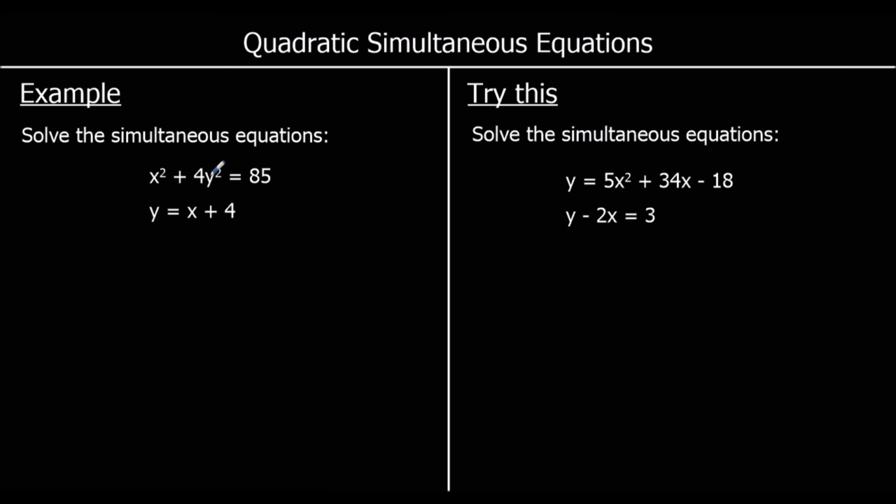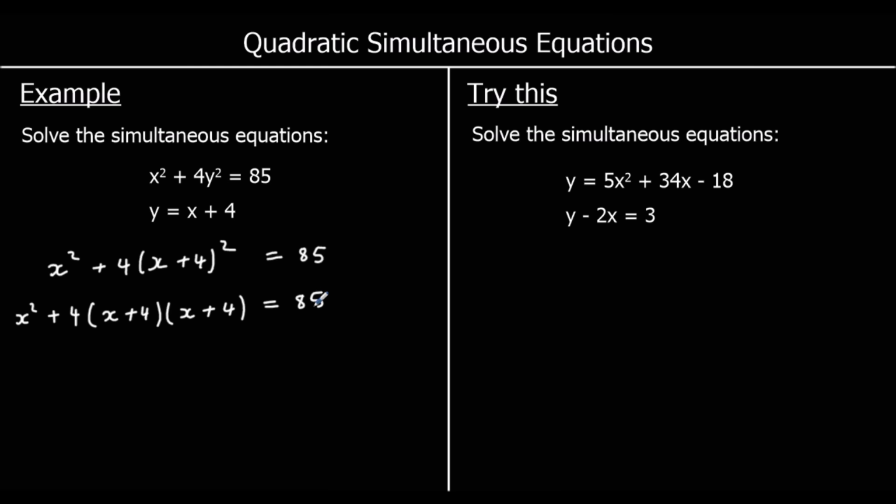So we're going to change y into x plus 4, which will give us x squared plus 4 times x plus 4 squared equals 85. So we've got x squared plus 4 times these double brackets, x plus 4 times x plus 4 equals 85. So you can think of this as 4 times this entire expansion.